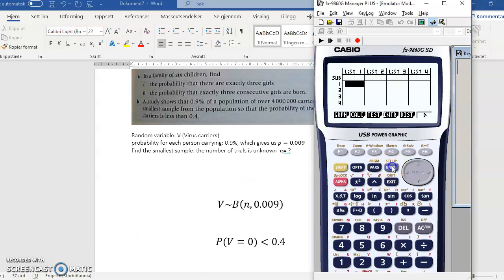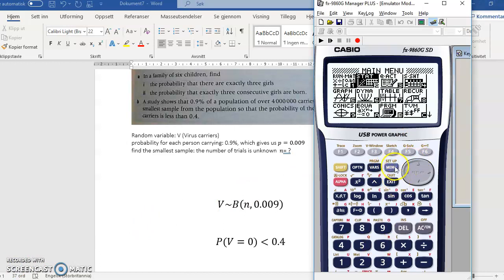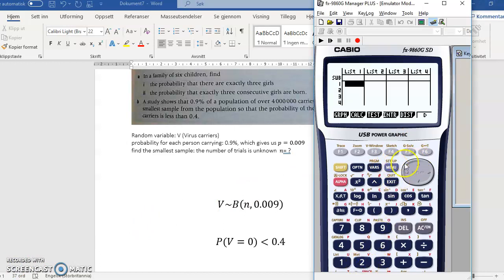And if we go into the main menu and 2 for statistics, distribution, F5, and binomial distribution. Actually, on this emulator, there is no option for the inverse binomial function, but you have this on your Casio calculator yourself.